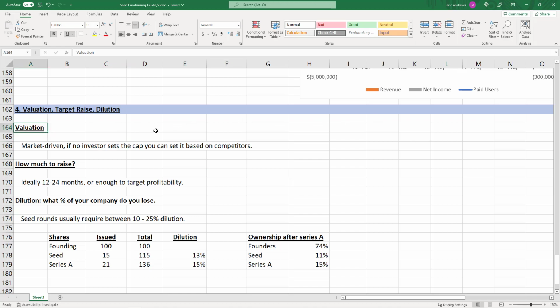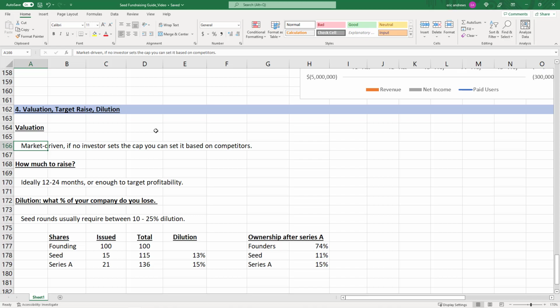So valuations are extremely market driven. In the best case scenario, you have an investor who can set the cap. They'll set the valuation cap and say, okay, I'll invest at an 8 million valuation. And then everyone who comes in behind them, they would generally be the lead investor, is just going to invest at the same price.